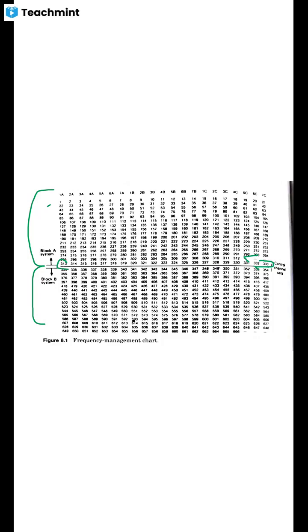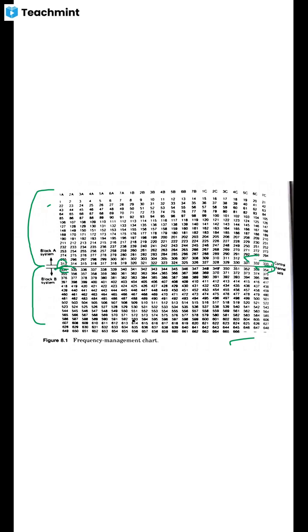So in block A, the last row is setup channels. Coming to block B, the first row, that is 334 to 354, 21 channels, are given for setup channels, and the remaining 355 to 666 are given for voice channels. So in block A, 1 to 312 are voice channels, and the last row is setup channels.